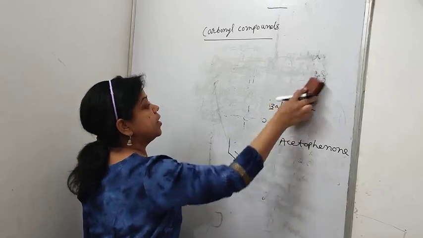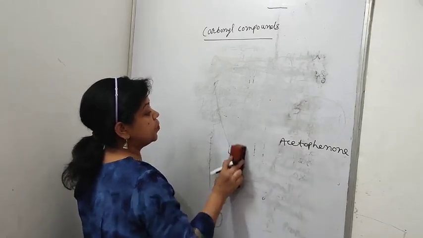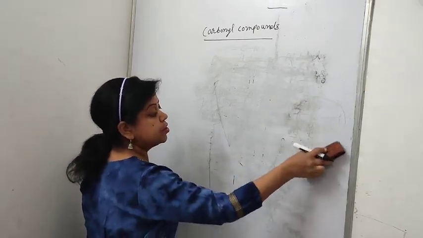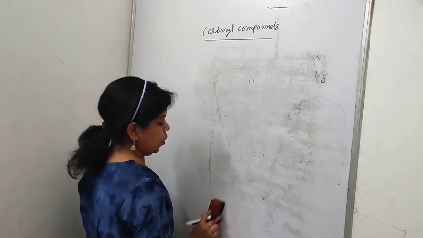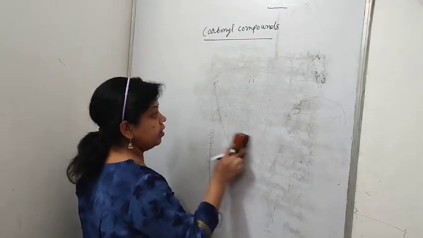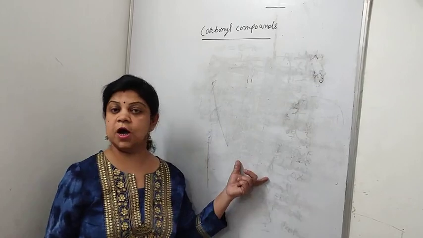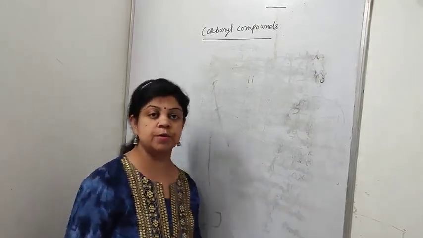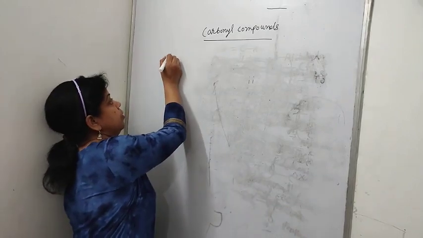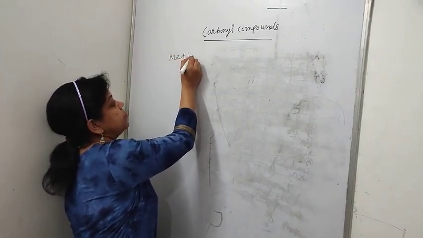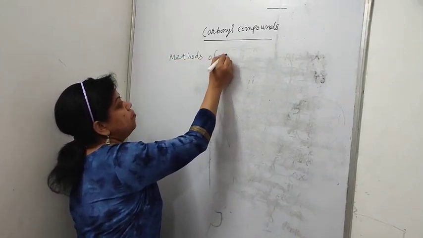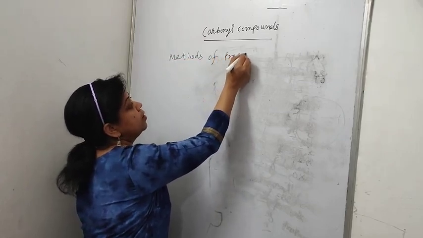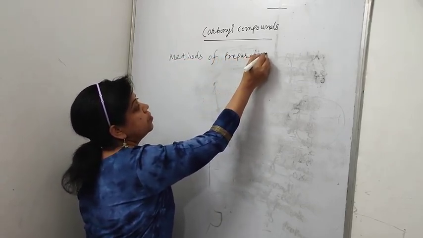Now we will study some methods of preparation of these carbonyl compounds, which are of first category, in which carbonyl carbon is bonded with hydrogen and carbon. So let's start methods of preparation of these carbonyl compounds.